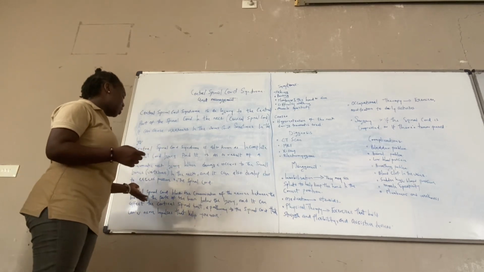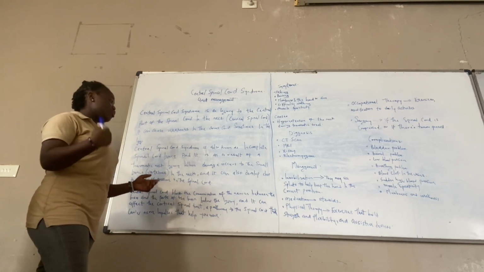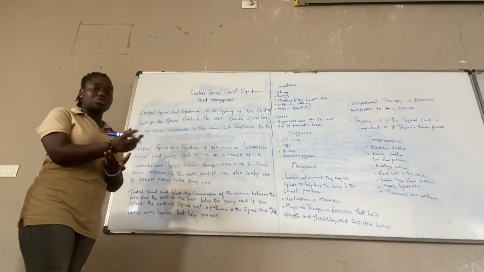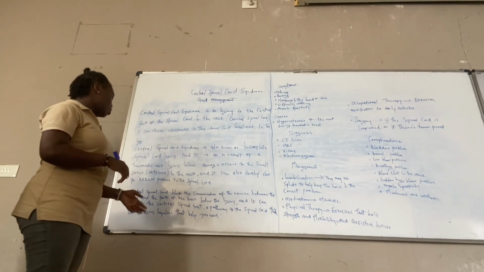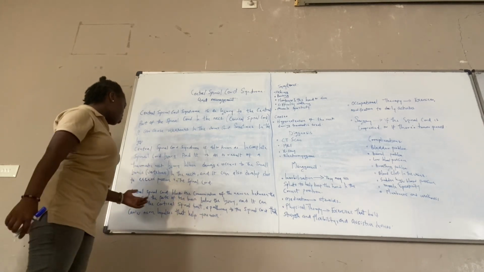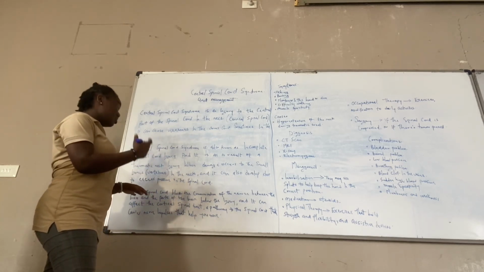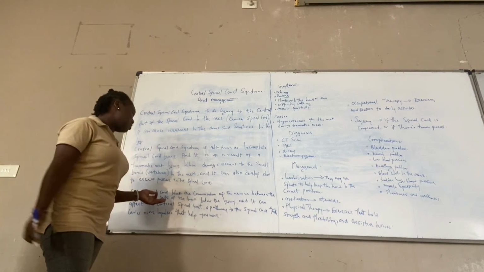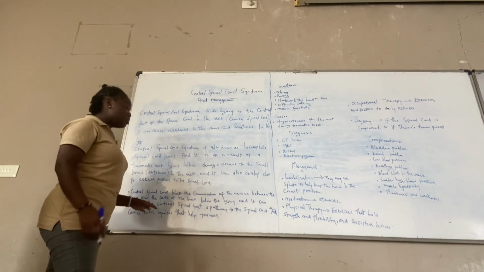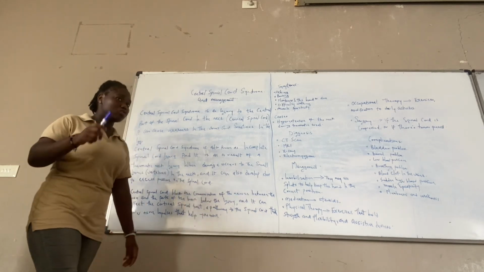So if central spinal cord syndrome occurs, it can block the communication between the nerves and your brain, and the brain, as we all know, sends communication to all the body.